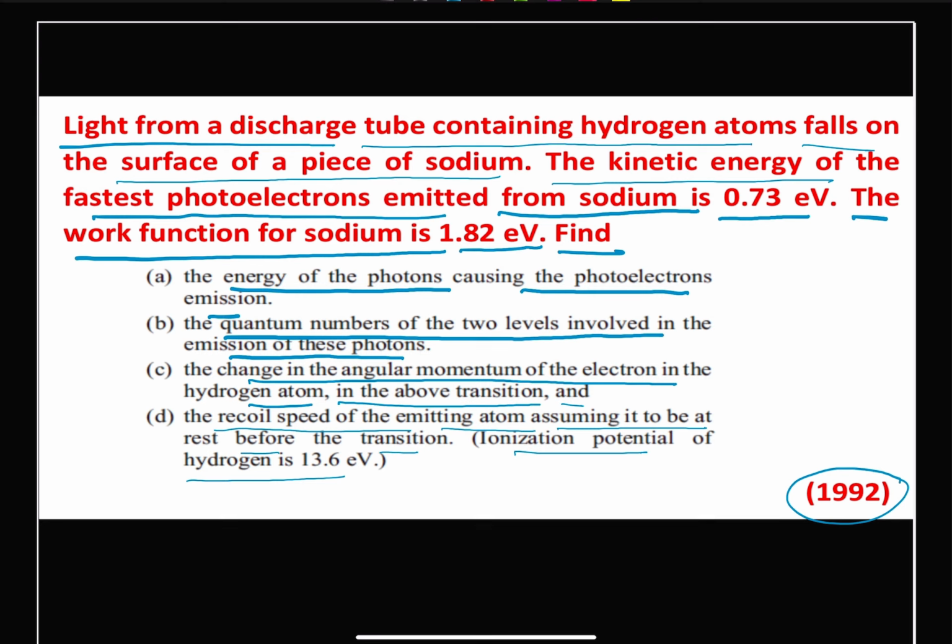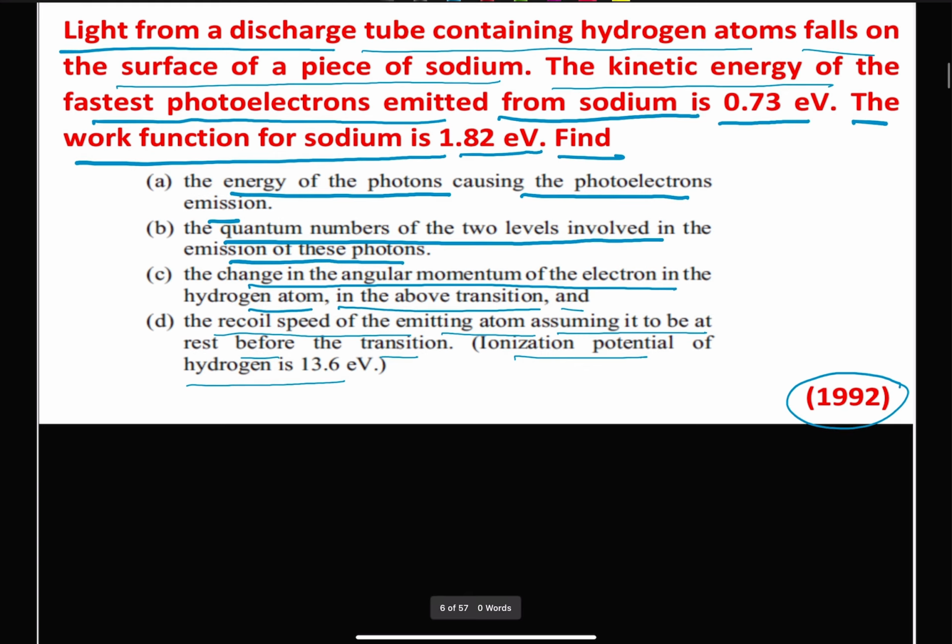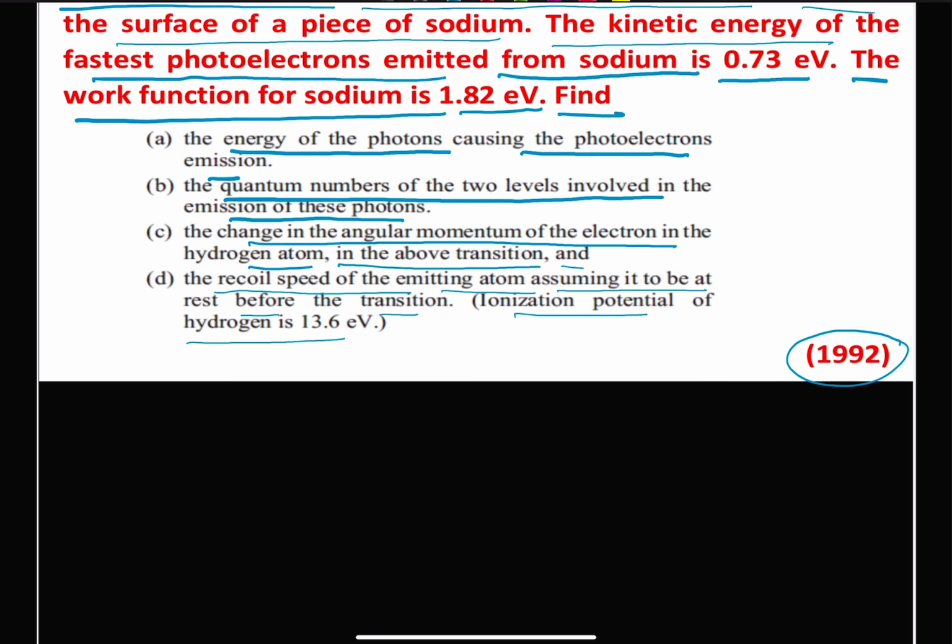So we are given the kinetic energy of the photoelectrons from the sodium, that is 0.73 electron volt.